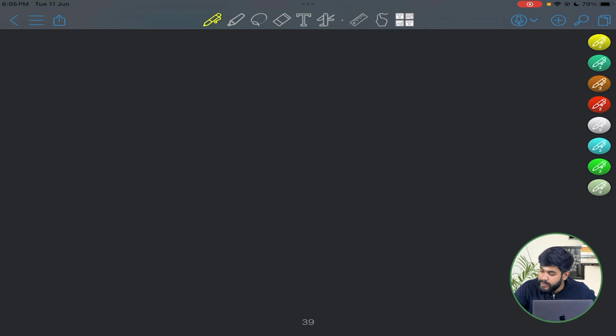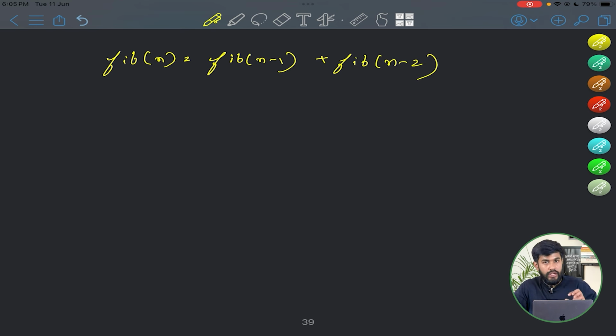We define the Fibonacci series as fib of n is equal to fib of n minus 1 plus fib of n minus 2, and fib of 0 and fib of 1 are already defined. If you don't know the Fibonacci series at this point, consider learning it first and then coming back to this, because it would serve as a better base for discussion.